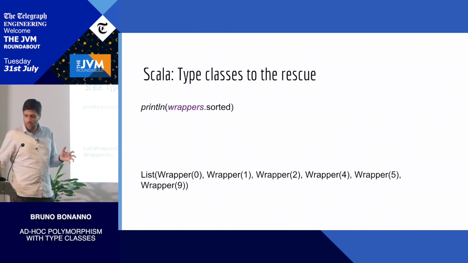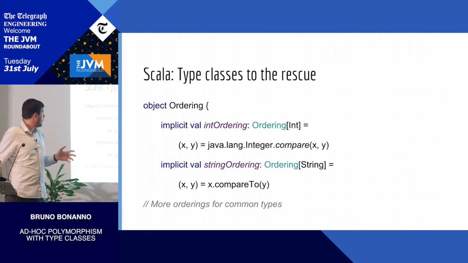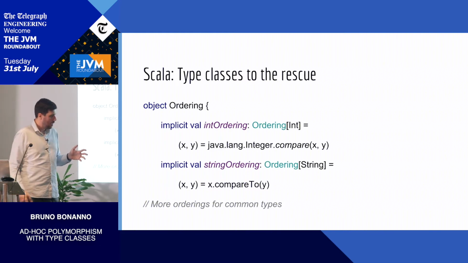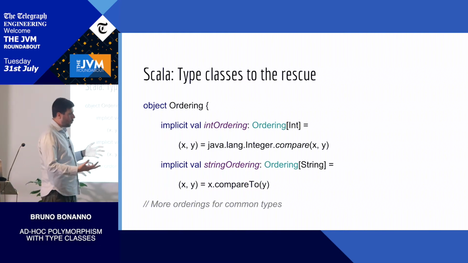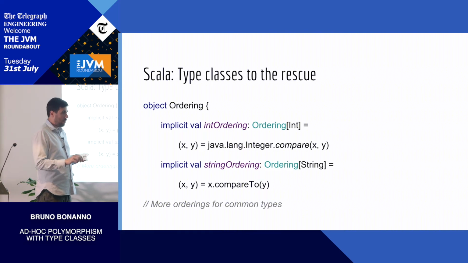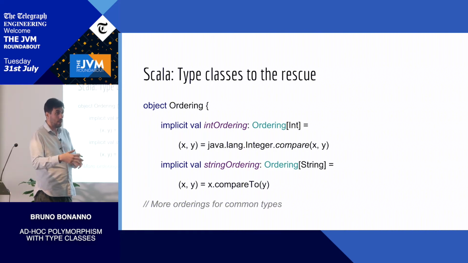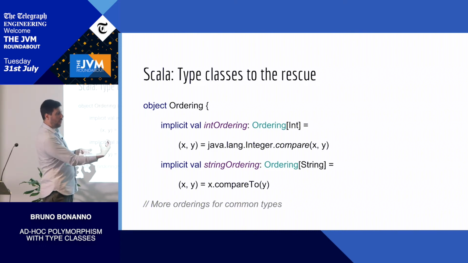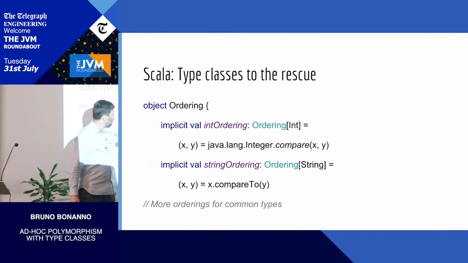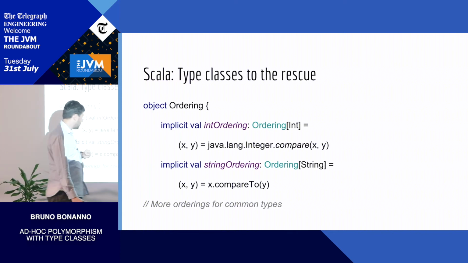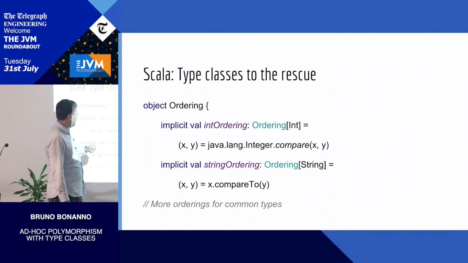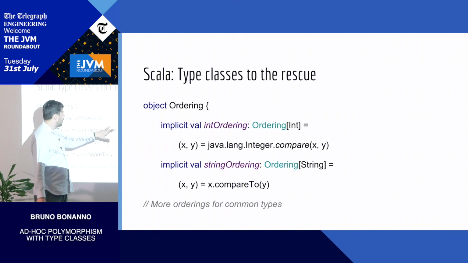Now, from the API developer point of view, we have another thing. So the compiler will look in both companion objects. First, in the companion object of the class we are trying to sort, right? The type constructor, the type parameter, sorry, and then, but I don't remember the order, but it's going to look in both.